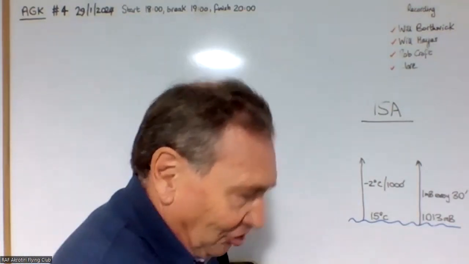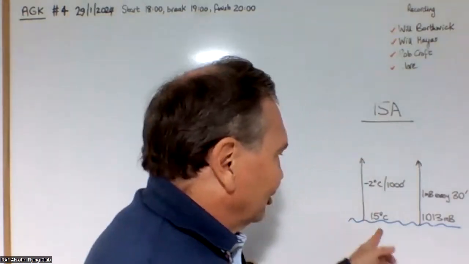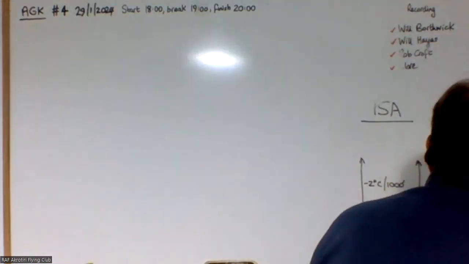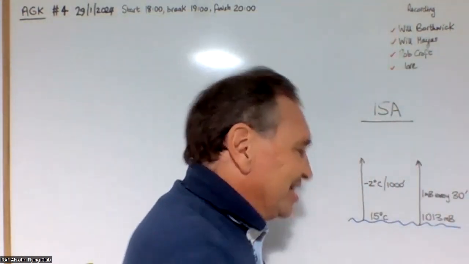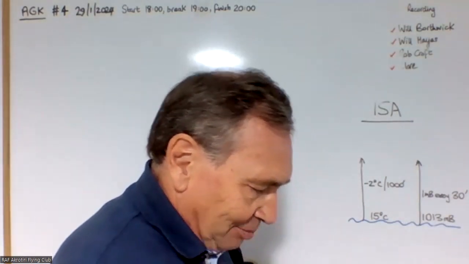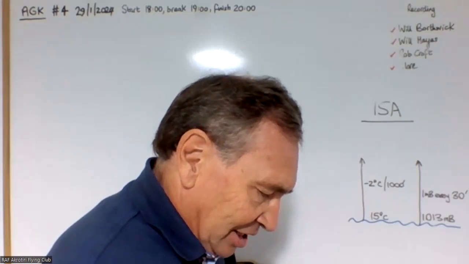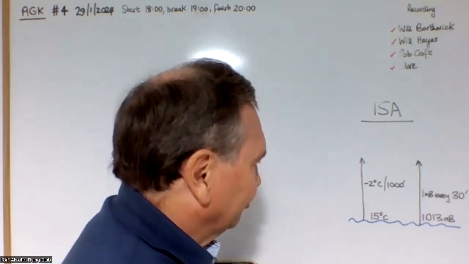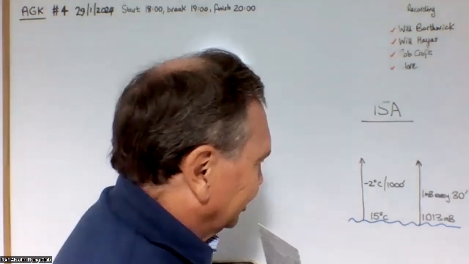And they'll have a list of 4 different answers. And they might have like 21 degrees centigrade. Now, chances are they won't say 15 degrees centigrade. They'll probably say something like 59.5 degrees Fahrenheit or something like that.